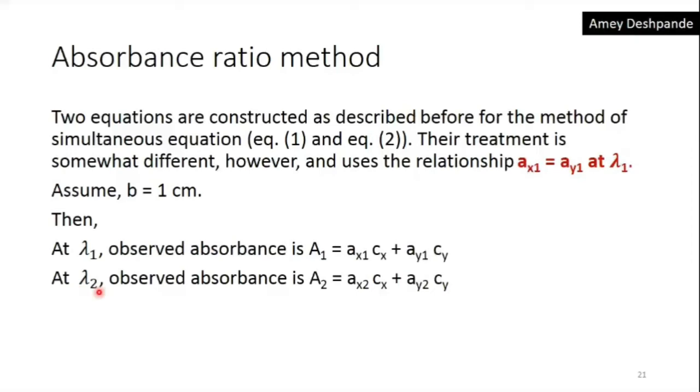Similarly, at lambda 2, the observed absorbance of the solution at the second wavelength is equal to absorptivity of X at the second wavelength multiplied by concentration of X in the solution plus absorptivity of Y at the second wavelength multiplied by concentration of Y in that same unknown solution. I think these two equations are very clear to you.